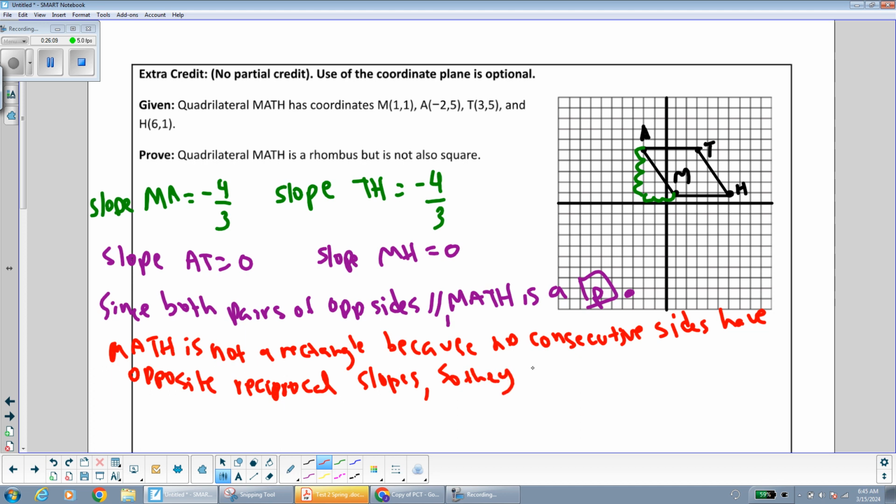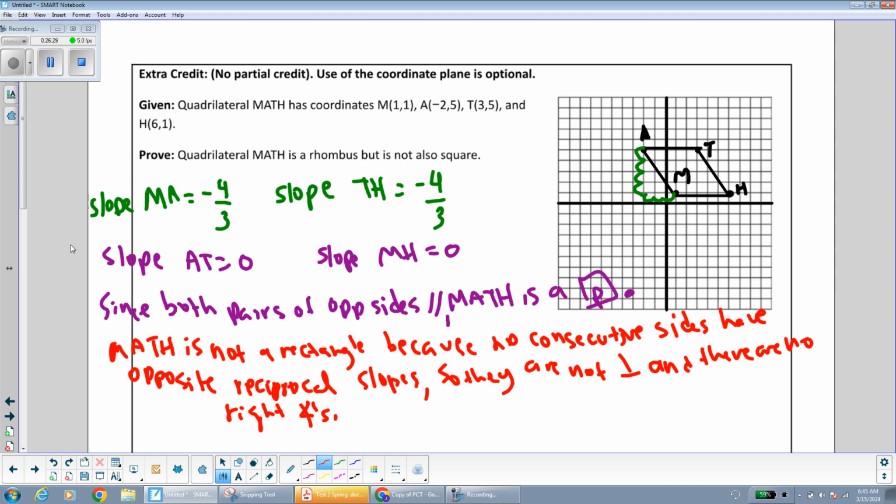So they are not perpendicular, and there are no right angles. So it's not a rectangle because there's no right angles. If there were, we would have to have some opposite reciprocal slopes.